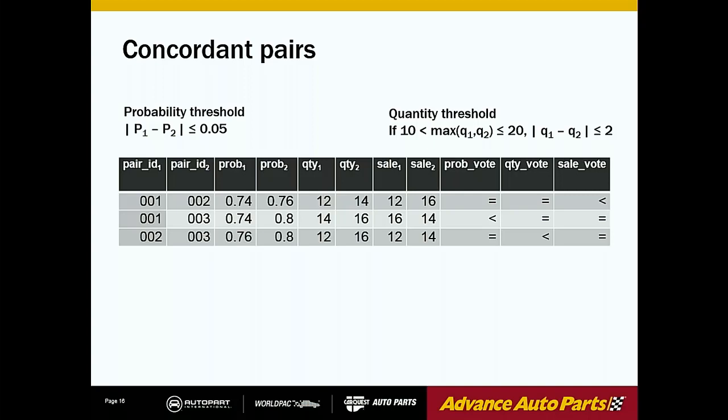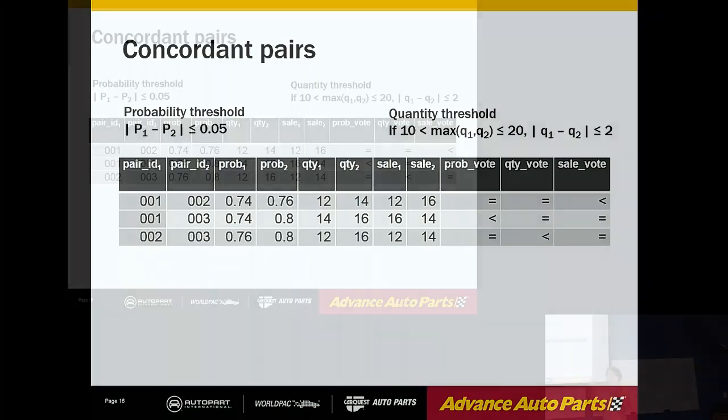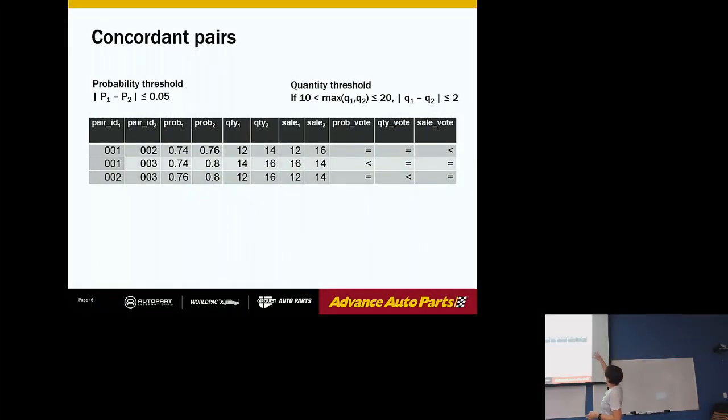So now probabilities, quantities, and actual sales all have an equal, less, or more column, and we can compare them, because they are pretty comparable. We can just count how often they match. We can compare the probability vote to the sale vote, which is the truth. First one not equal, second not equal, last one equal.